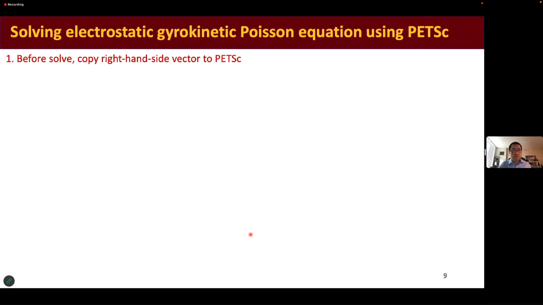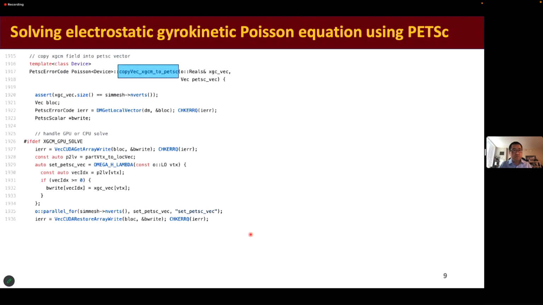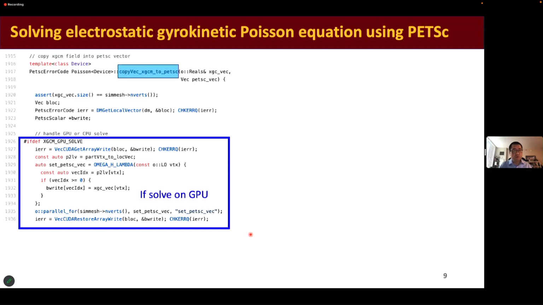Before we solve, we copy the right-hand side vector to PETSc. Here is some code you can see. If we're solving on GPU, we do a parallel for, similar to Kokkos parallel_for, but the Omega_h parallel_for. You just loop over all the mesh vertices and copy the data from XGCm's Omega_h data structure to the PETSc vector.